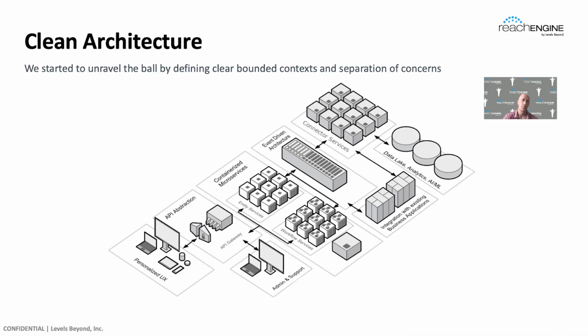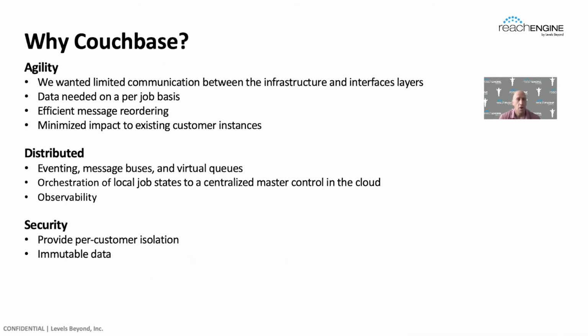So why did we choose Couchbase? I asked myself that question many times through this process. There were three main parts to this in my head. There was the ability to be agile.